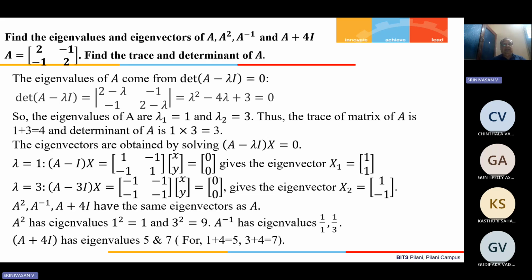Immediately after finding the eigenvalues of A, let us find the trace and determinant of A. What's the property for the trace of A?